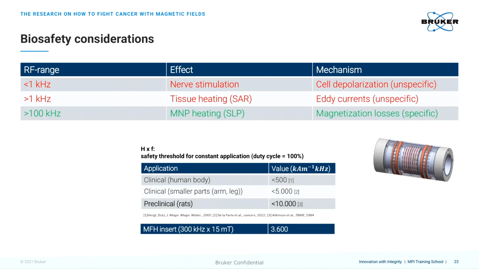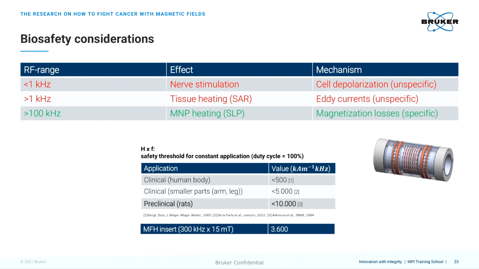So we also need to talk about biosafety limits, or biosafety considerations. So in different RF ranges, so radio frequency ranges below 1 kilohertz, you will stimulate nerves, so your patient won't like it if you apply these frequencies.